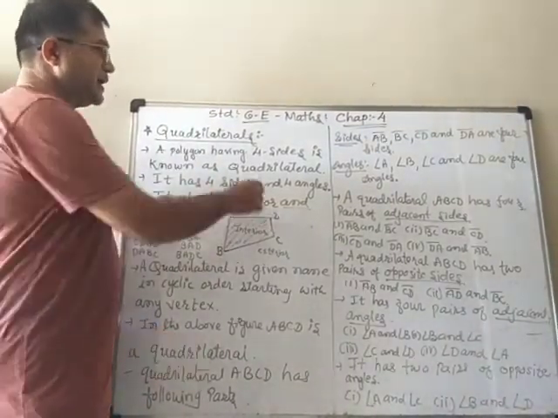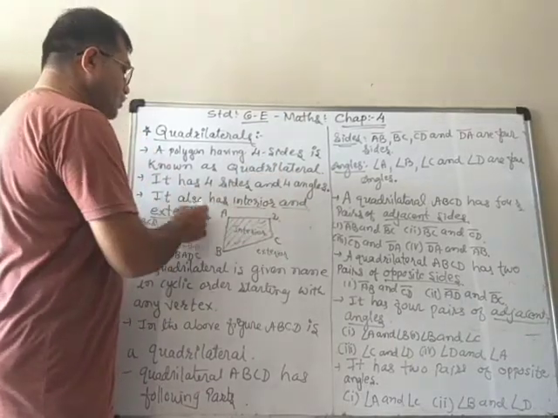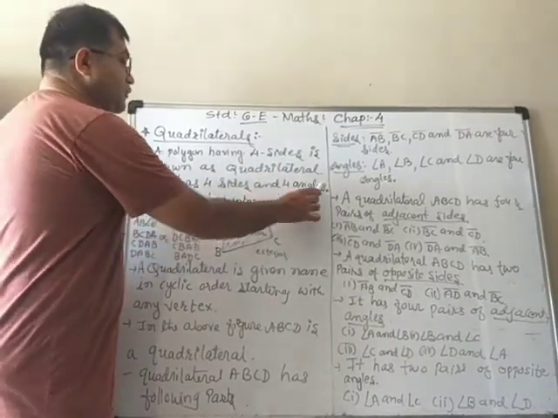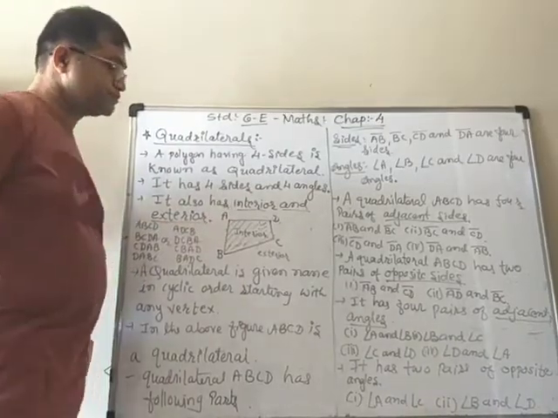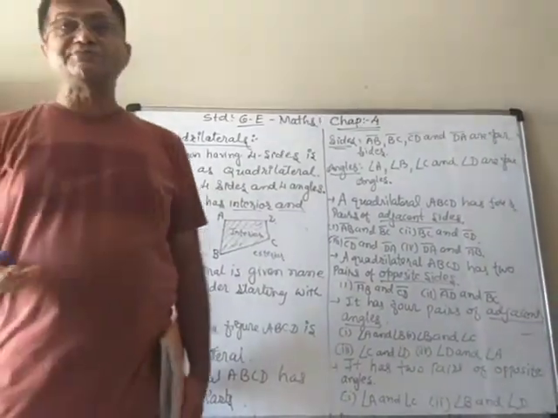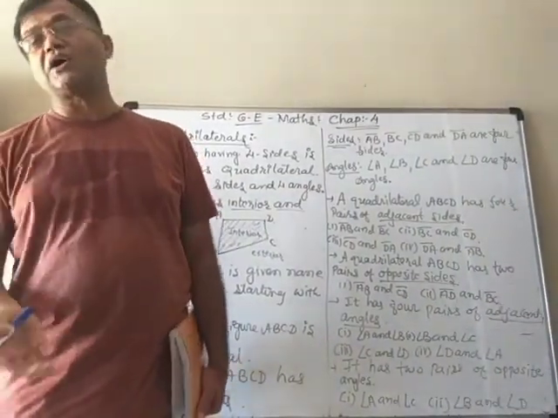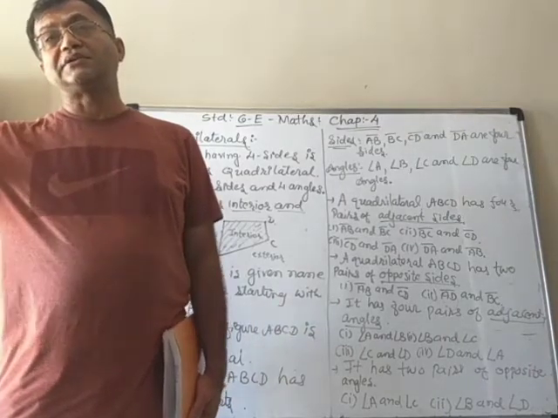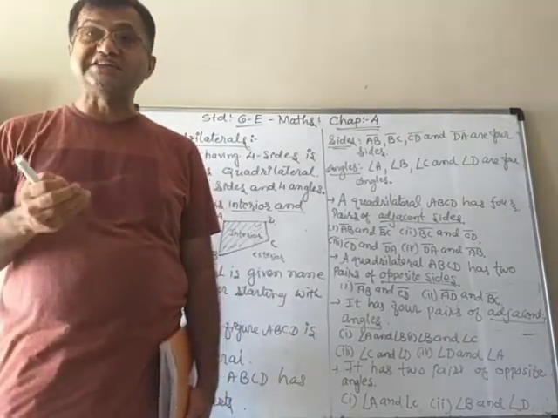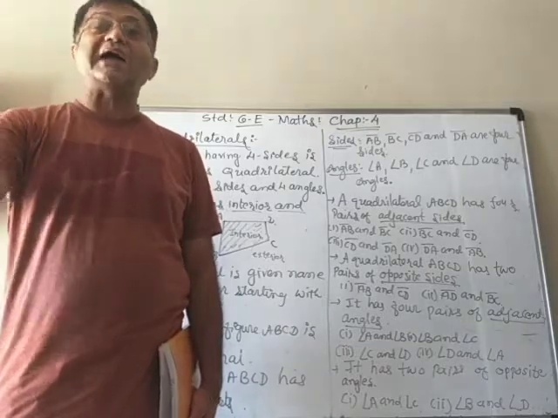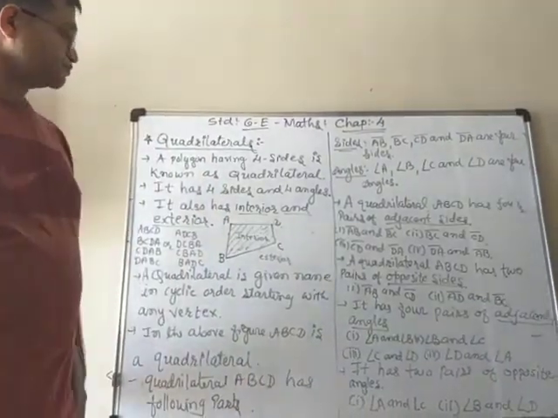And obviously, by its name, it will have 4 sides and 4 angles. And being a polygon, like a triangle, it also has an interior part and an exterior part.